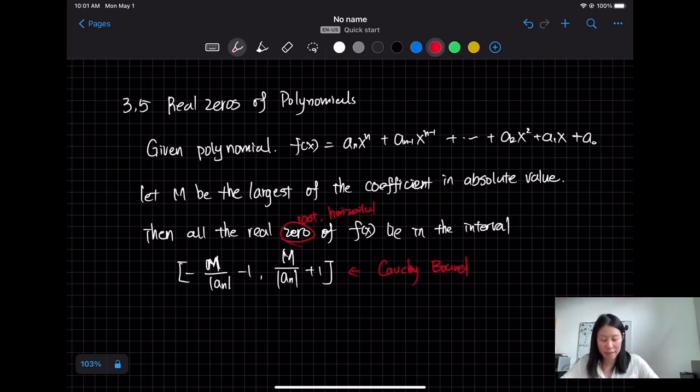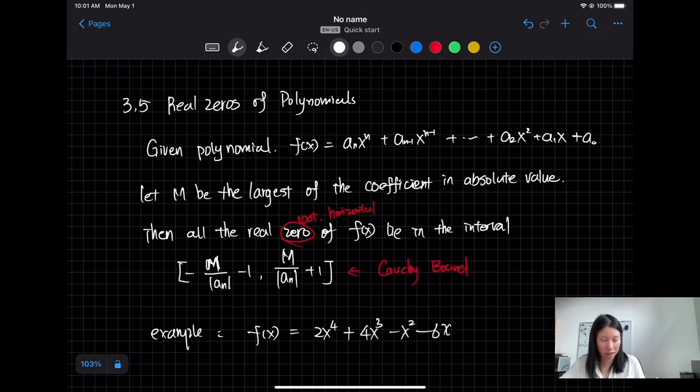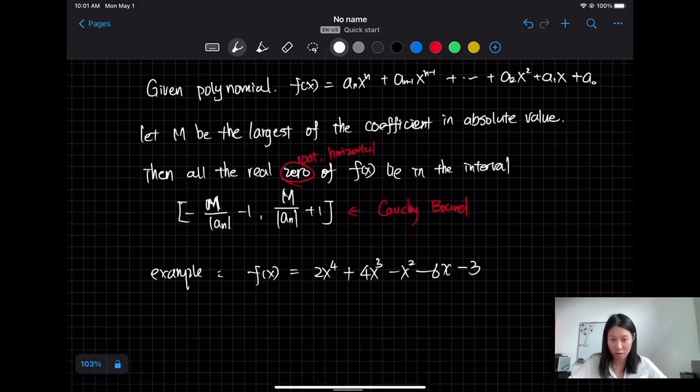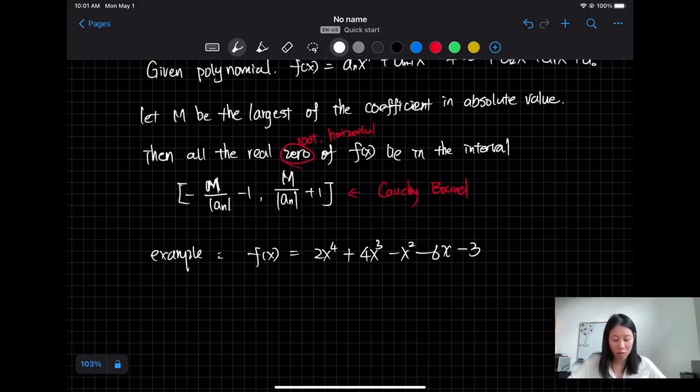Okay, so let's say I'm giving you a polynomial, f(x) equals 2x^4 plus 4x^3 minus x^2 minus 6x minus 3. Determine an interval which contains all the zeros of the function f(x). We can apply the Cauchy bound. The largest coefficient in absolute value is negative 6, so M is the absolute value of negative 6, which is 6.